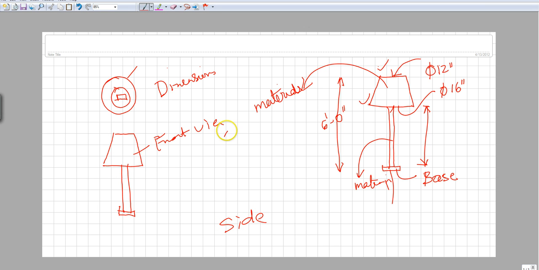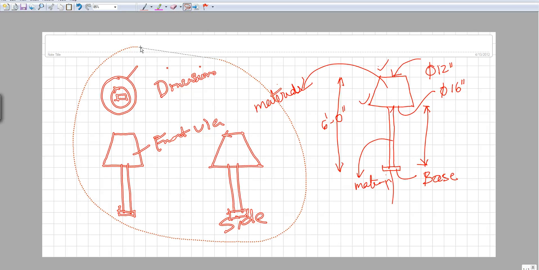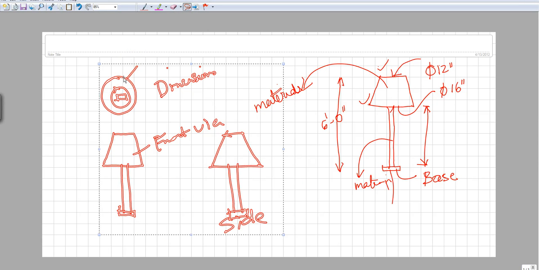Okay, now again, this is a lamp, this is symmetrical, so the side view would still look exactly the same as the front view.